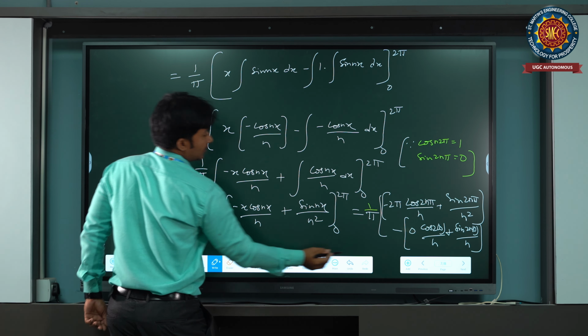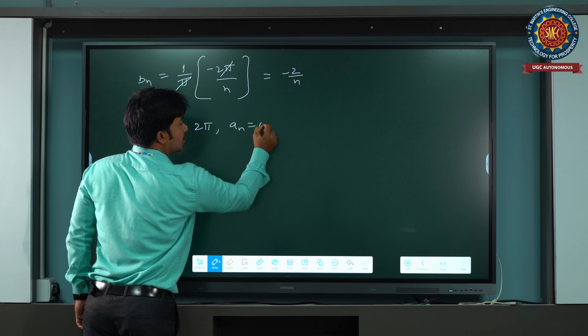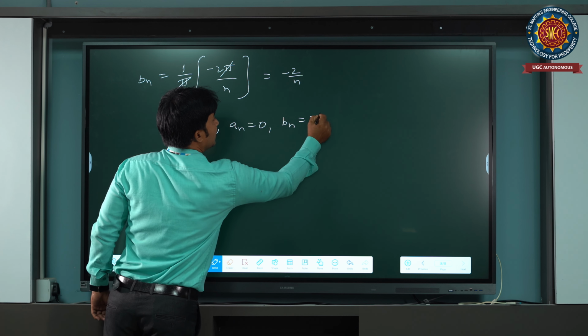This is how we find the coefficients. This is the Bn coefficient. A naught equals 2 pi, An equals 0, and Bn equals minus 2 by n.